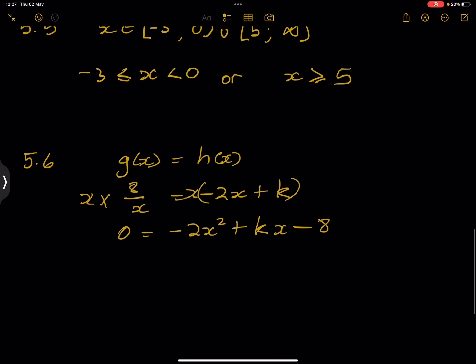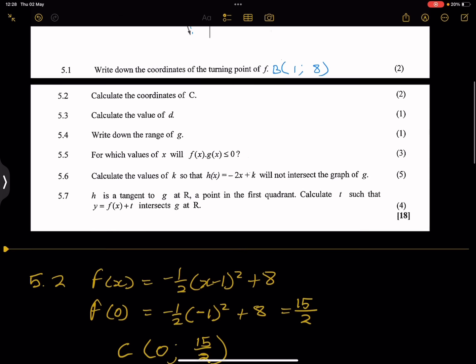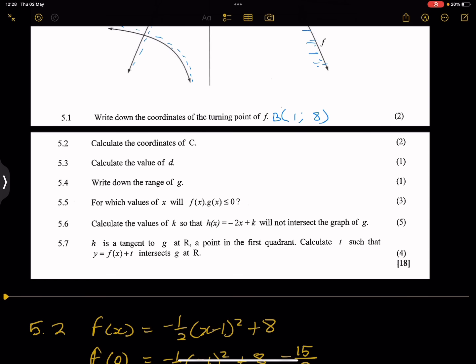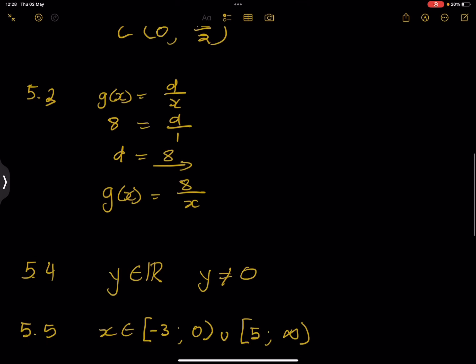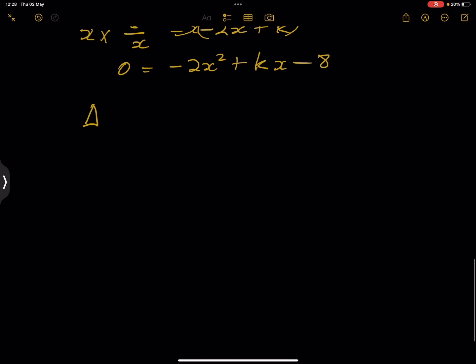For this graph, I want non-real roots because I don't want the graphs to intersect. They said it will not intersect, so the delta value must actually be less than 0.